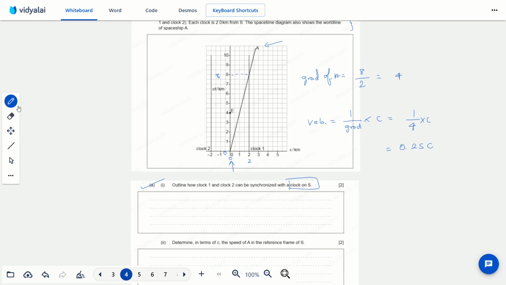Okay. So we need to draw two lines which represent the world line of light that's being emitted by these two clocks. So I'm drawing one of these lines which intersect the world line of A at some point, and another line coming from clock 2 which also has a gradient of 1.